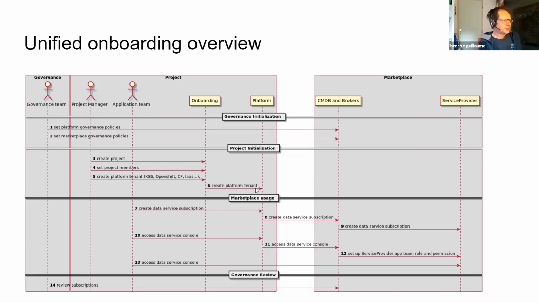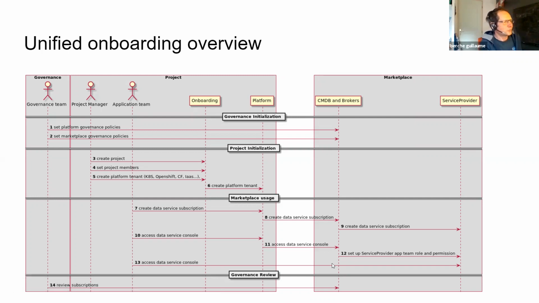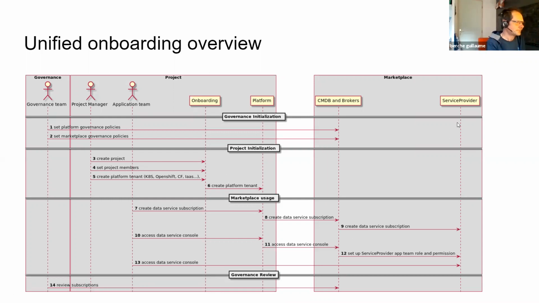And then from each platform, they can consume the marketplace as they usually do, still having the centralized CMDB, keeping an inventory. Those platforms can be public or private. We keep a central unified inventory of all project subscriptions to platforms, as well as all project subscriptions to service providers, being public or private.